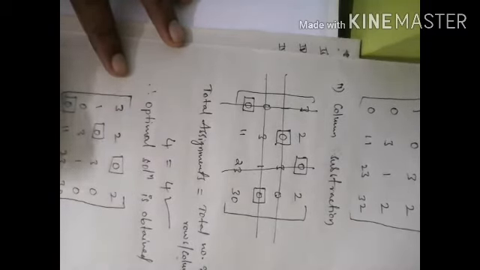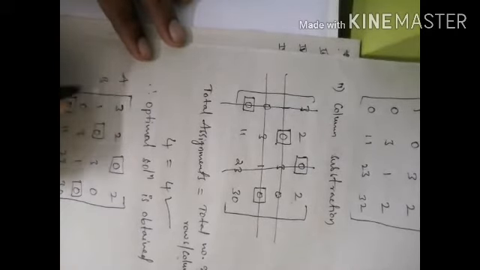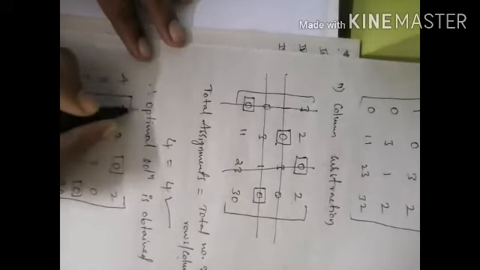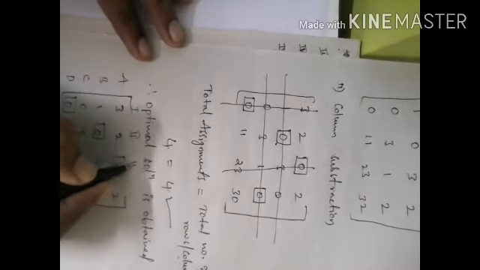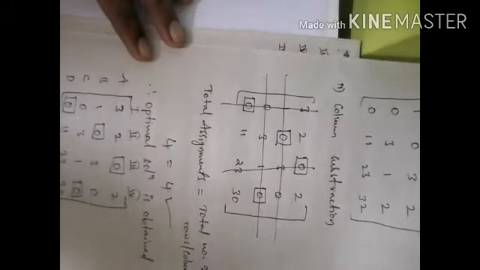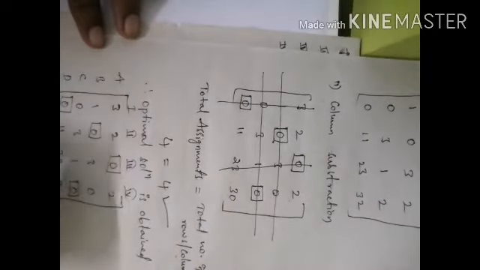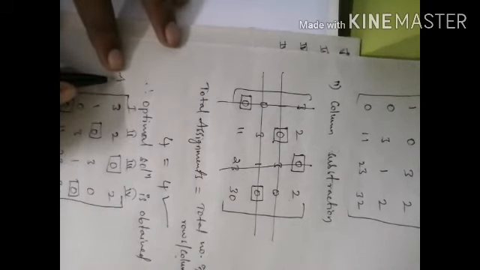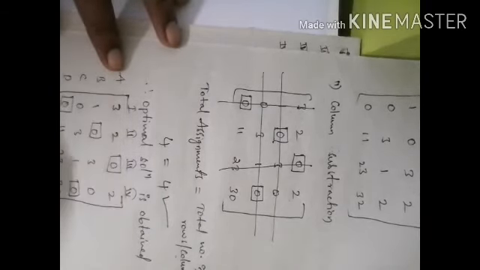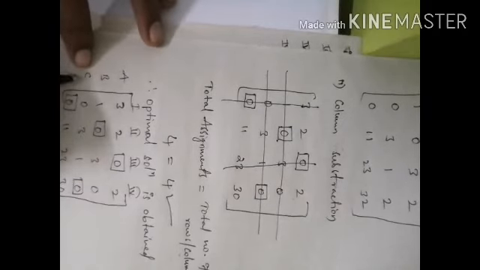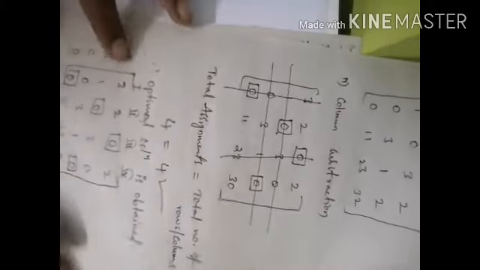So the assignment is here. These are the jobs A, B, C, D. These are the 4 machines. So job A is assigned to machine 3, job B is assigned to machine 2, job C is assigned to machine 4, and job D is assigned to machine 1.